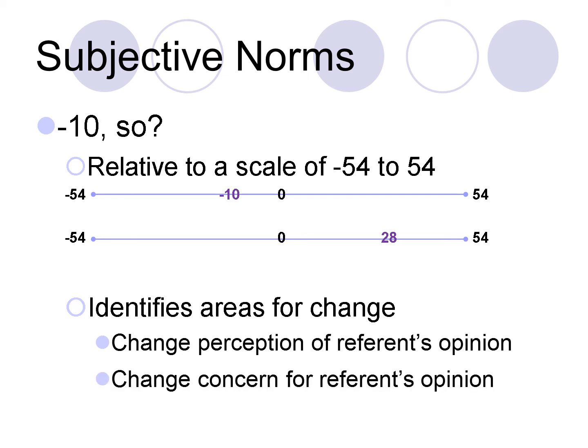Also, we may change how much concern you have for your reference opinion. Some universities, and when I was at LSU, which is where I have my PhD, as part of what's called the Campus Coalition for Change, they're trying to reduce alcohol consumption, really binge drinking on campuses. And one thing they've done there is to try to strengthen relationships between faculty and students, because they see that students perceive that faculty probably think binge drinking is not a healthy behavior, and so they want students to have more respect for faculty's opinion as a way then to decrease their drinking, right?